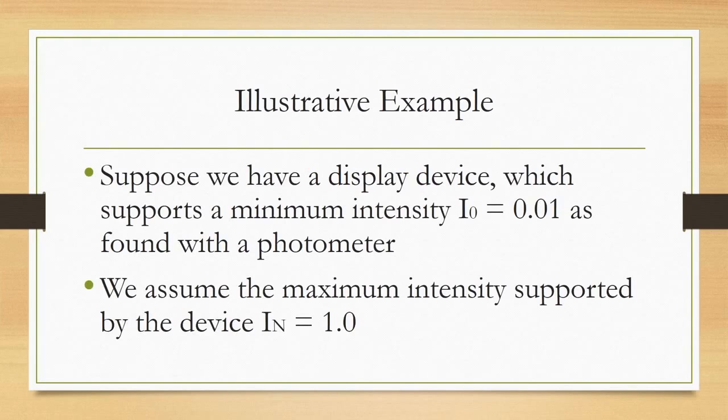Suppose we have a display device which supports a minimum intensity I0 as 0.01, and this value of course, as we mentioned earlier, we found out with a photometer device. As usual, we are assuming that the maximum intensity value supported by the device to be IN equal to 1.0.